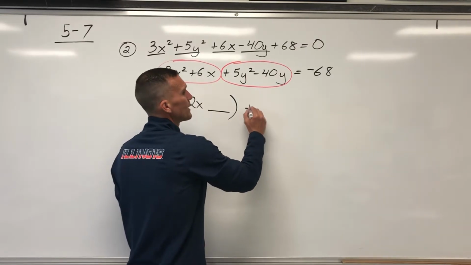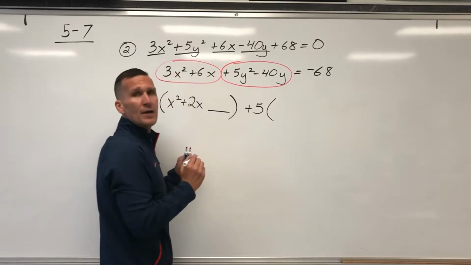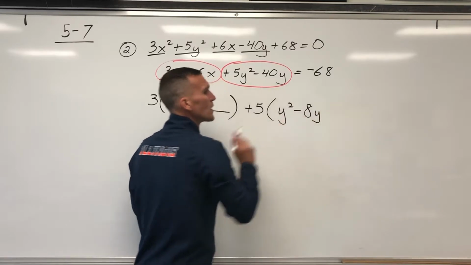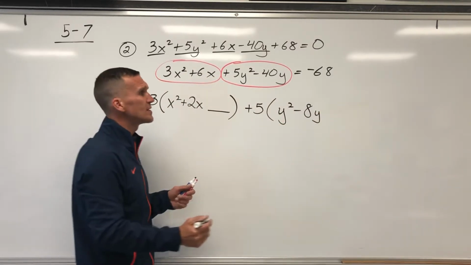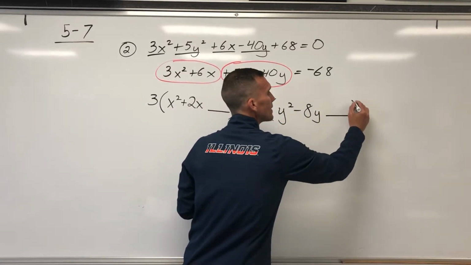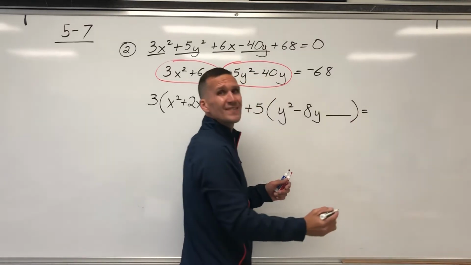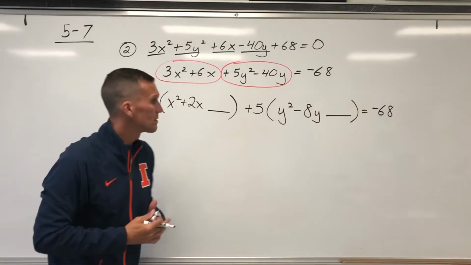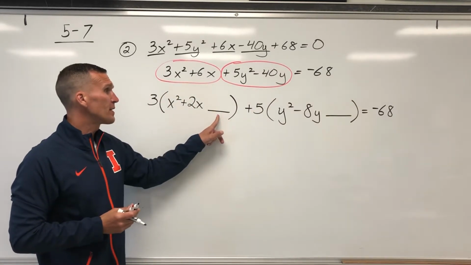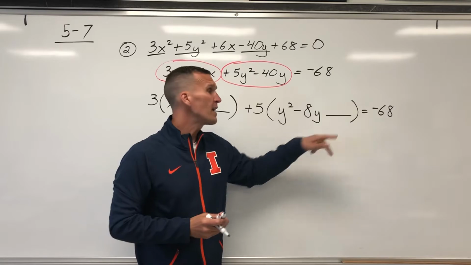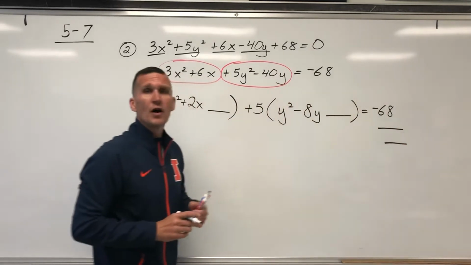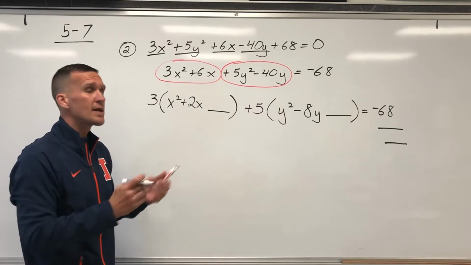So I bring out a positive 5 and I would be left with, but remember, I don't want to close my parentheses because I want to complete the square. And that equals negative 68. But I forgot something. If I'm going to put a number there and a number there, to be fair, I should put 2 numbers on the right side to counterbalance that.